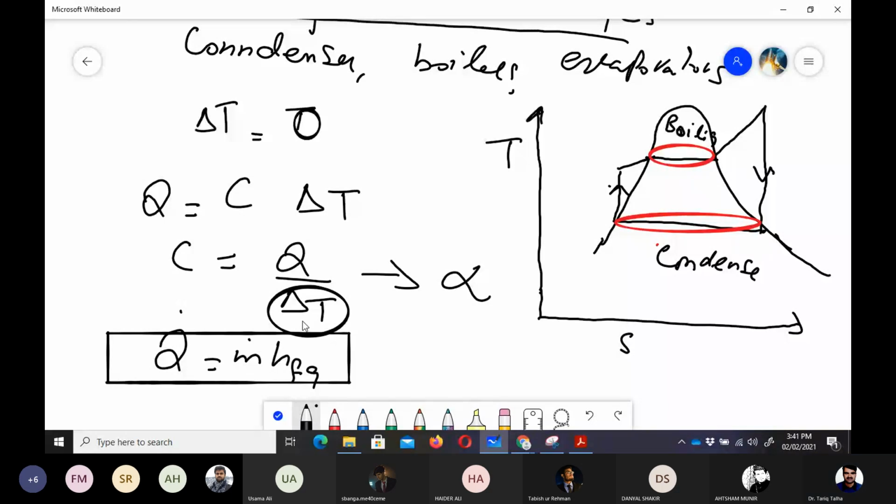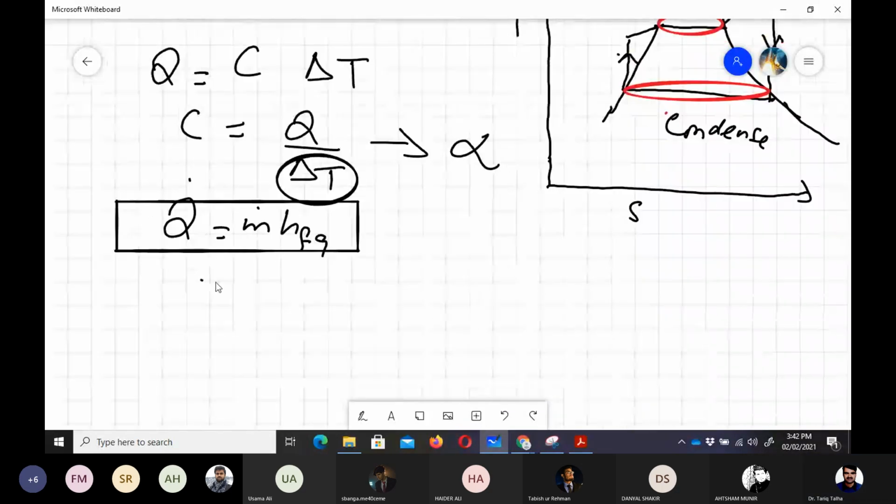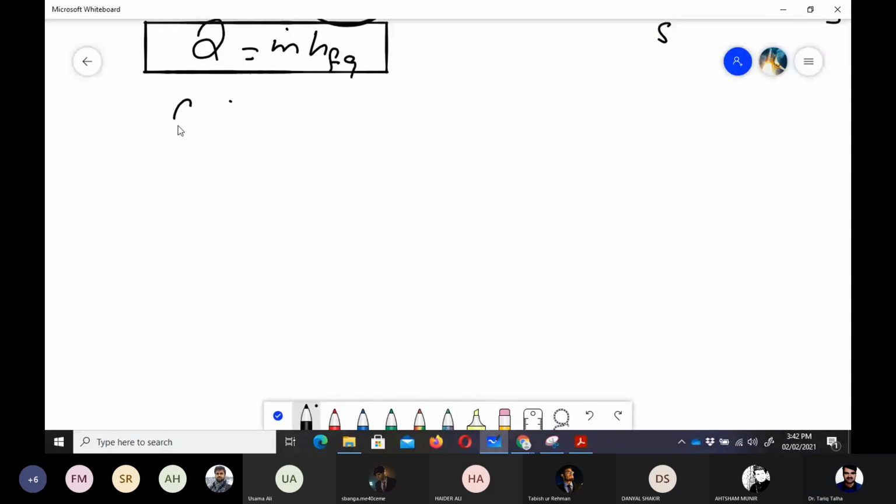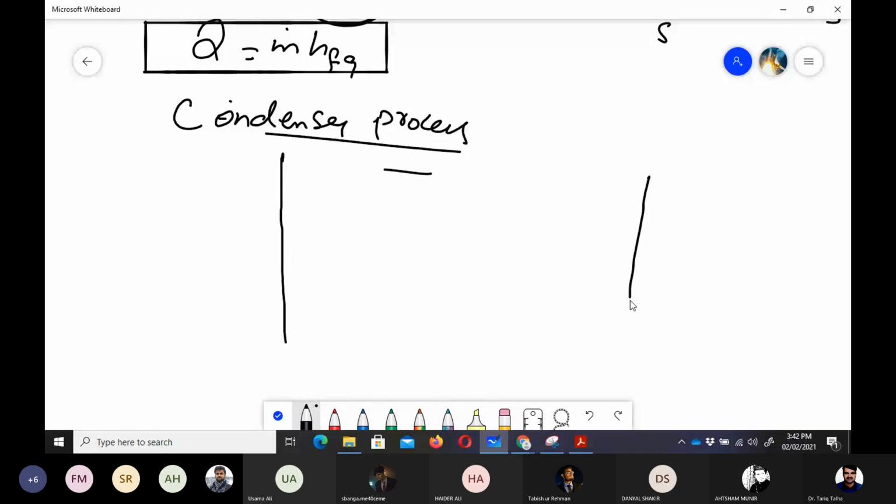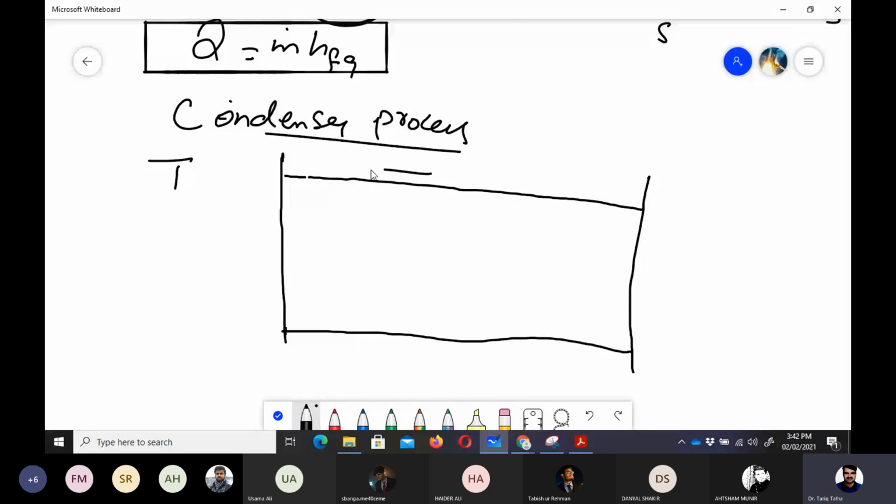So for the phase change process, if we want to show the condenser process on the temperature profile curve, first of all, the steam which is going through the condenser tube would be at higher temperature.